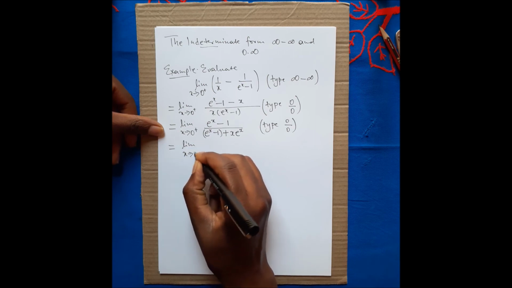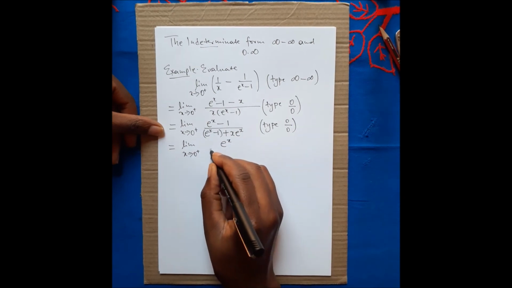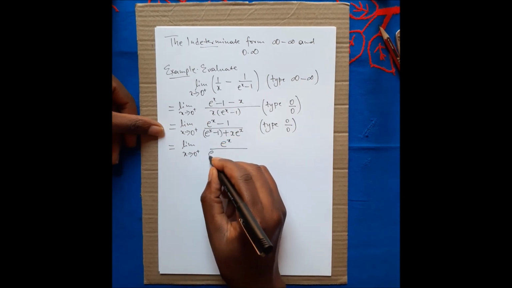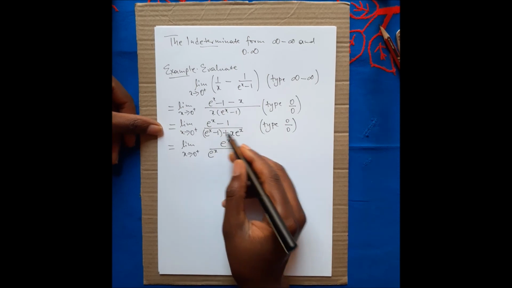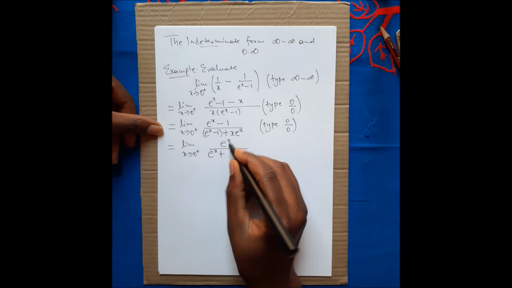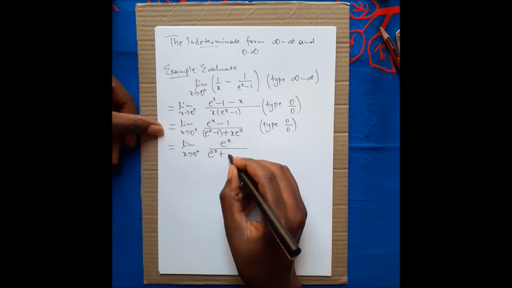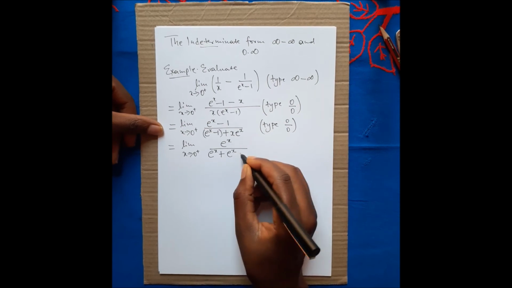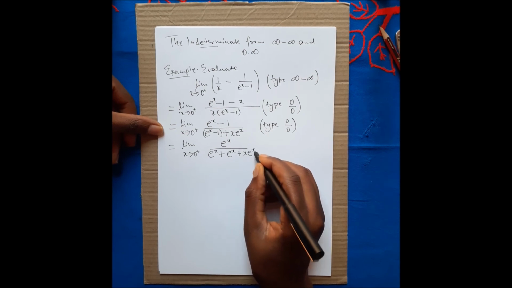The limit as x approaches 0 from the right. Differentiating the numerator, we get e to the power of x, divided by the derivative of the denominator. The derivative of 1 minus 1 is 0, then we have a plus sign, and this is a product, so we apply the product rule, and we get e to the power of x plus x e to the power of x.